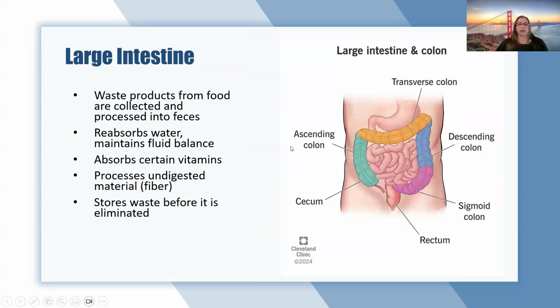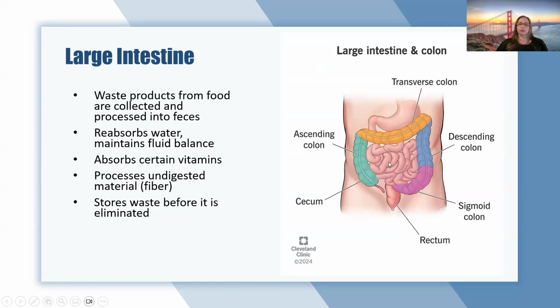There's quite a lot of organs involved, and the digestive tract itself is really very long. So, skipping ahead, we're going to go straight to the large intestine because that's going to be our main focus today. The large intestine starts in the lower right-hand corner, in what's called the cecum.